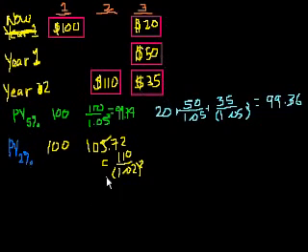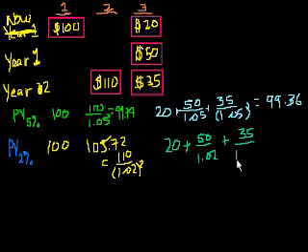Fascinating. Now let's see what happens to choice number 3. Choice number 3, the $20 today, the $20 now, well, that's just worth $20. Its present value is 20, plus 50 divided by 1.02, plus 35 divided by 1.02 squared.